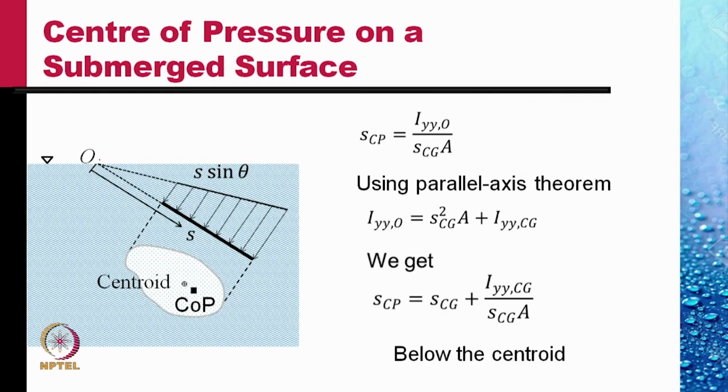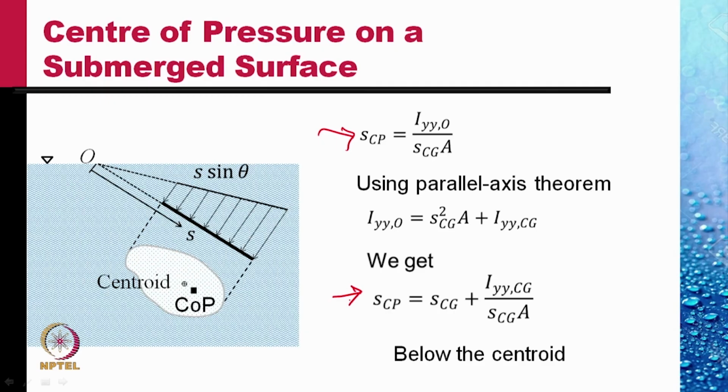Using this in the first relation, we get SCP, the location of the center of pressure, as the location of the CG, SCG, plus IYY about CG divided by SCGA. So clearly the center of pressure is always below the center of gravity.